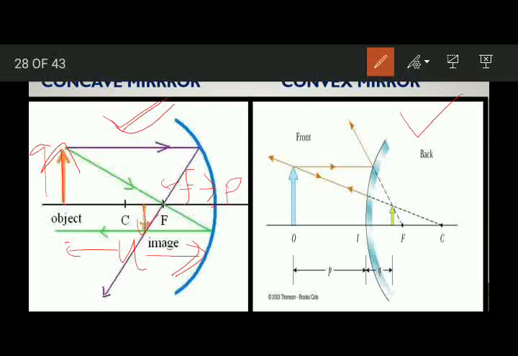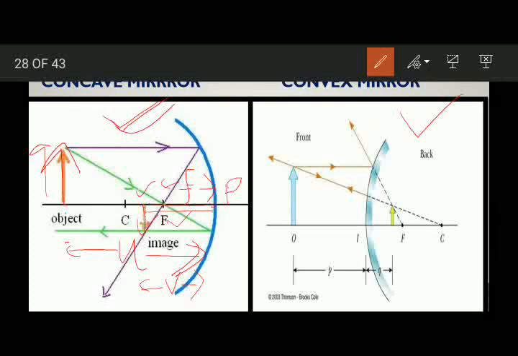Now, the distance between image and pole is known as small v. So, this distance is known as small v or image distance.